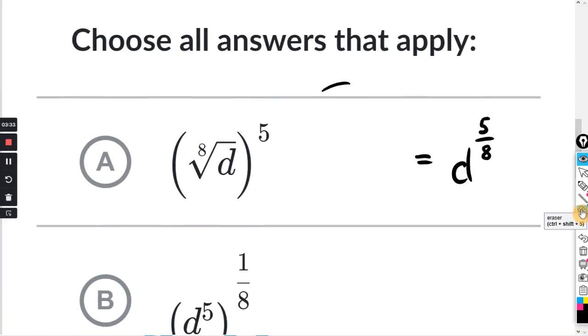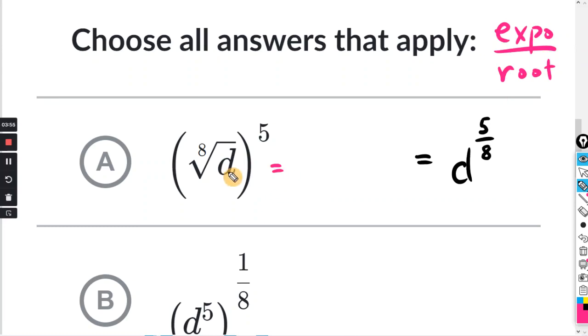So we're going to check and see which ones are the same. Let's see on the first one. If you recall from last time, when you make a fraction exponent, the numerator is the exponent and the denominator is the root.